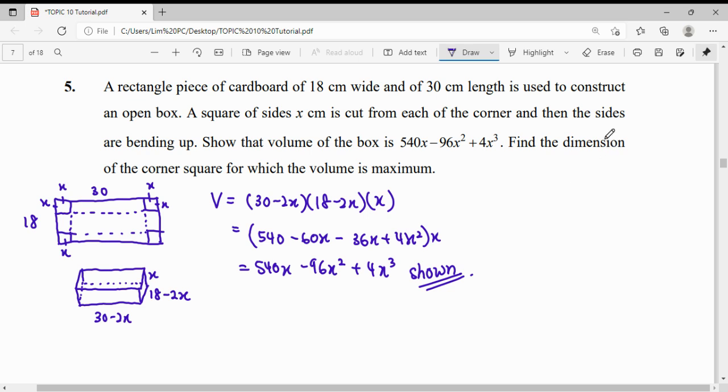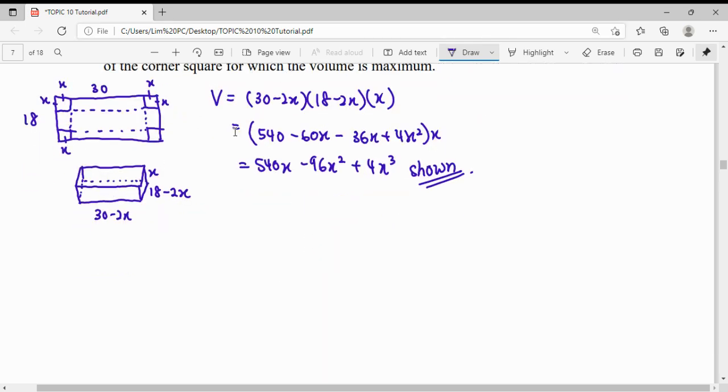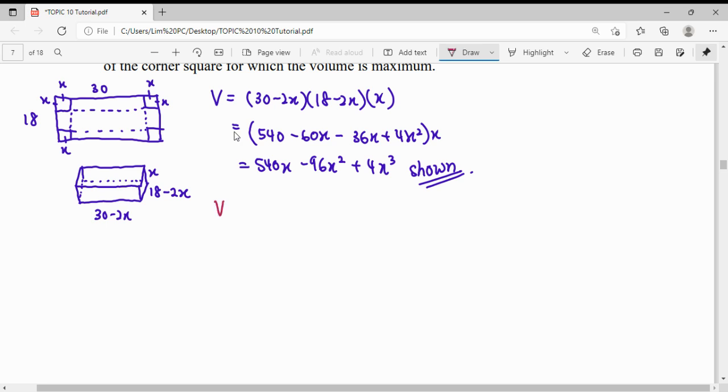Then our next task is to find the dimension of the corner square, which means finding our x, so that this volume is maximum. So we use the formula that we found, and we're going to differentiate our volume with respect to our variable x.